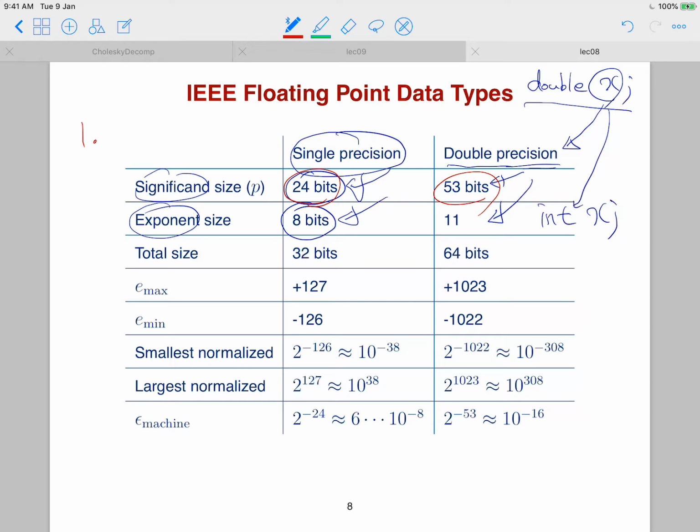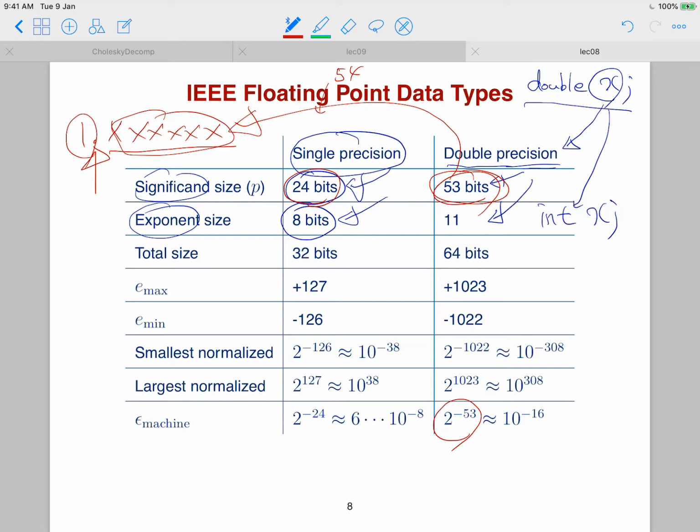That is just the following: after this decimal point, these 53 bits will be used to store all these numbers, right? And so it means that at the 54th digit to the right of this decimal point, the machine cannot differentiate, so that number is roughly 10 to the negative 16.